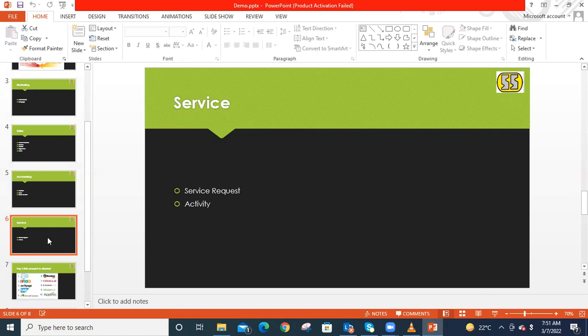So all these things will happen. Assume that for this service request, four activities got created. Four persons will be acting on this request to close this service request.